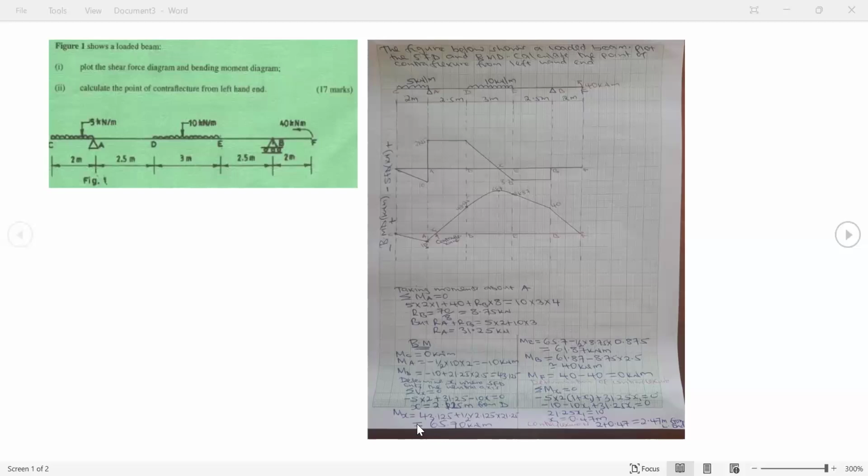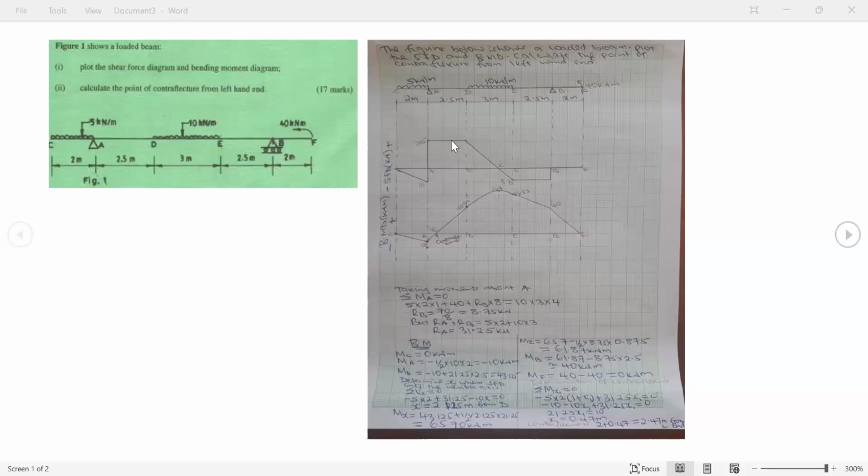It will be equivalent to the moment I had at point D plus that area, because the area is on the upper side of CF, so it is positive, plus a half times 2.125, the distance you've calculated, multiplied by 21.25.